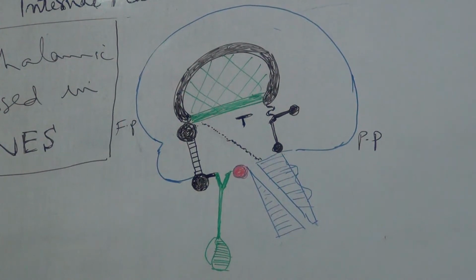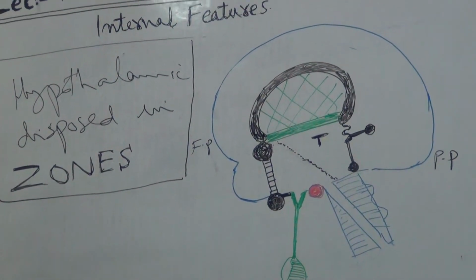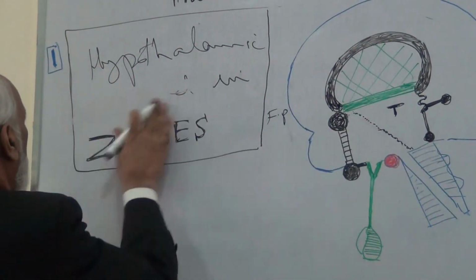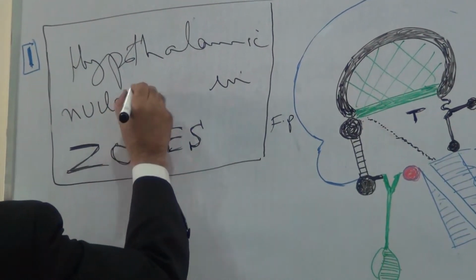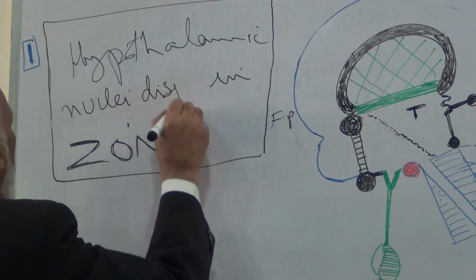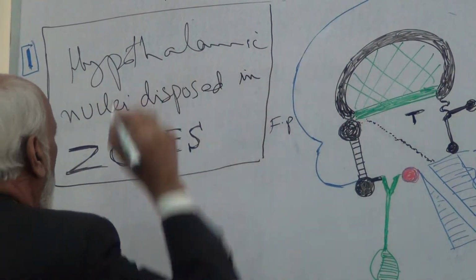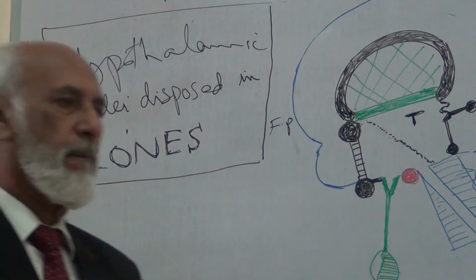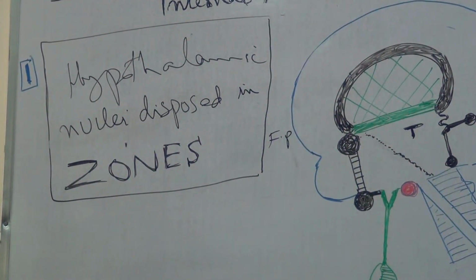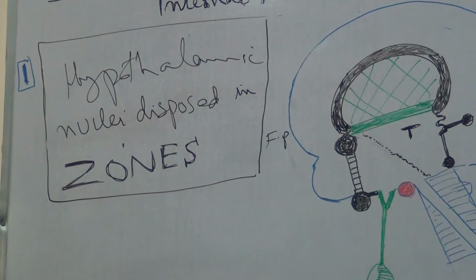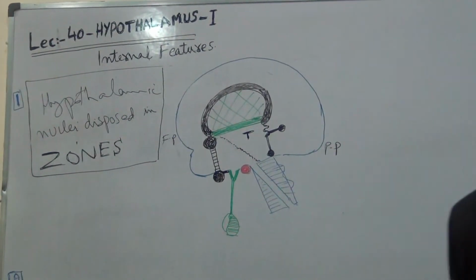Now the hypothalamic nuclei disposed in zones. As I told you, we divide them into medial zone and lateral zone.